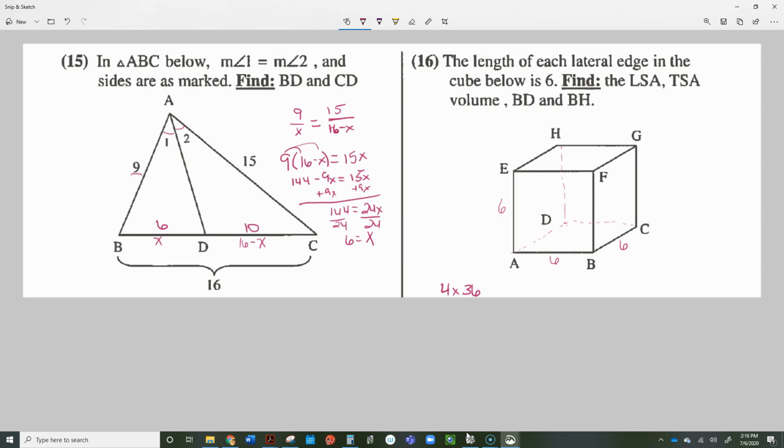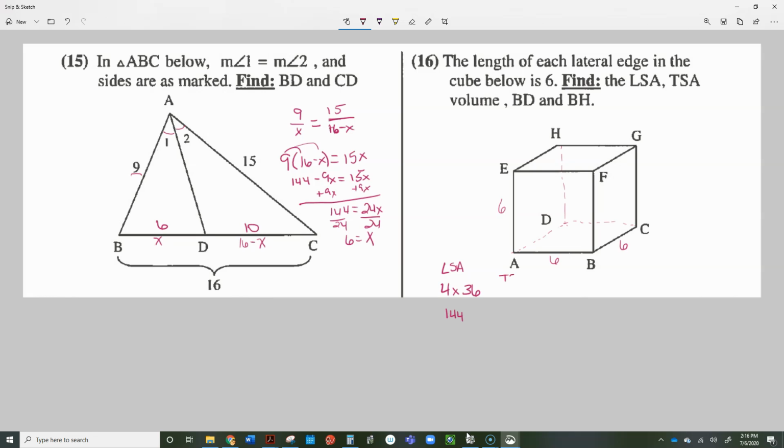So this front piece, side piece, back piece, left side piece, there's 4 of them. Each one of them is 6 times 6 is 36. So the lateral surface area is 4 times 36. That's 144.